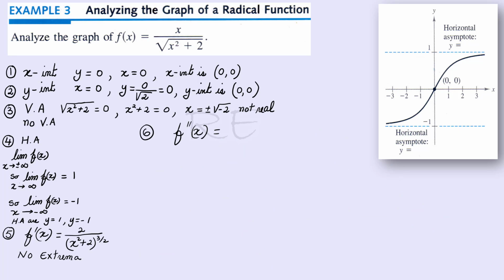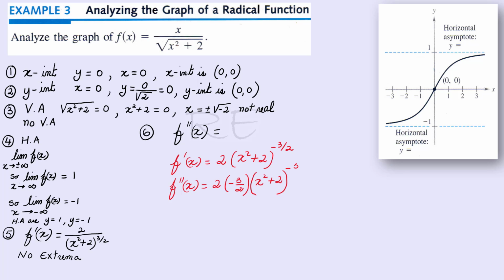Second derivative, the second derivative will determine concavity. We will write f prime of x with a fractional exponent: 2 times (x squared plus 2) to the negative 3/2. And the second derivative is 2 times negative 3/2 times (x squared plus 2) to the negative 5/2, 3/2 minus 1, times the derivative of the inside, which is 2x. 2 over 2 is 1.